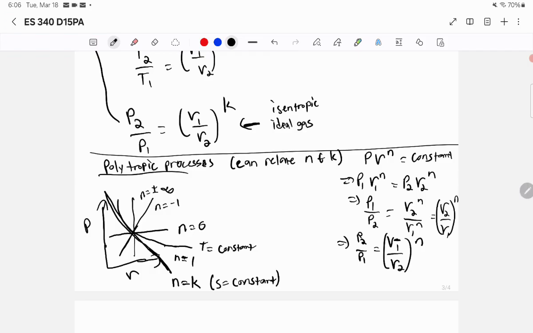That's an interesting kind of scenario that we can run across, where n equal to k implies that we have an isentropic process for an ideal gas, which is a really neat thing that you can see in this case on the PV diagram. Your book also shows the TS diagram, so if you're interested, you can take a peek there. Okay, and then your book goes through a bunch of examples, again making assumptions.